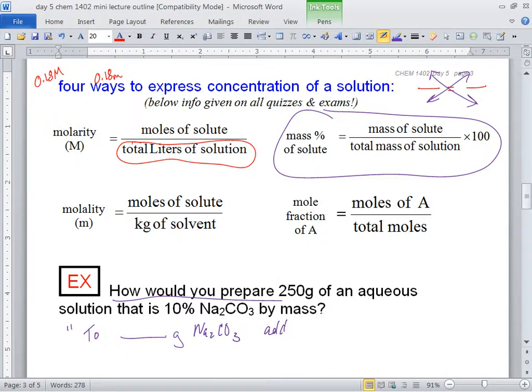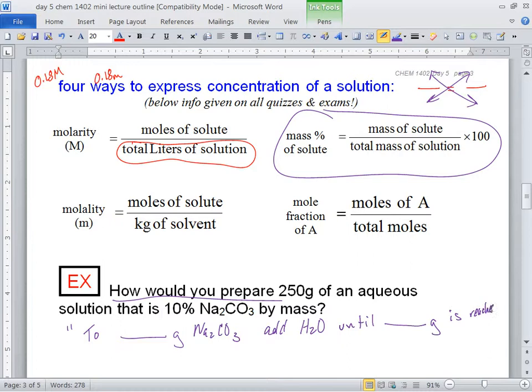add, what's the solvent? Right, because sodium carbonate is my solute. What's my solvent? There's only one word in there that gives you the hint. It's aqueous, so that means the solvent is water. So to blank grams of sodium carbonate, add water until blank grams is reached.